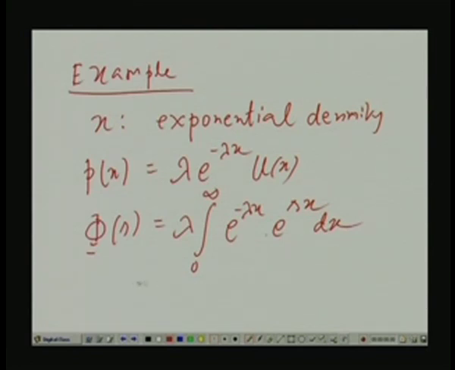If you integrate, you get e to the power minus (lambda minus s) x. At x equal to infinity that gives 0, at x equal to 0 you have 1. So there will be a factor lambda minus s below.